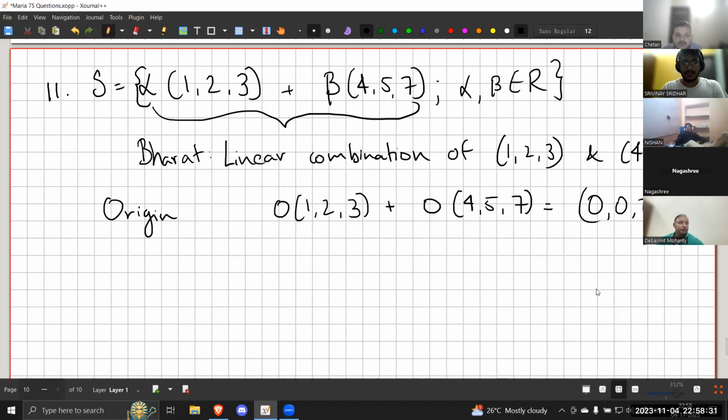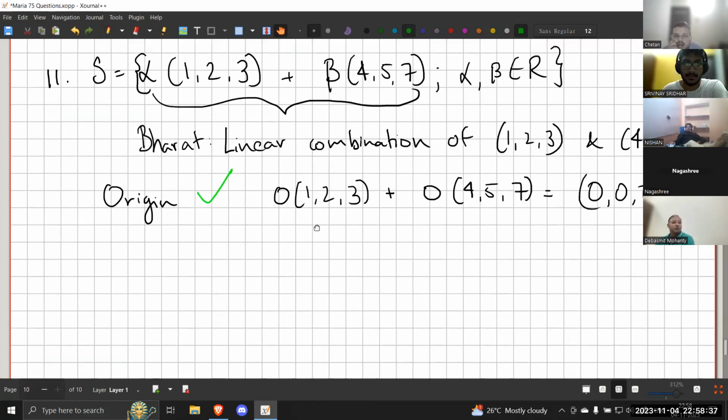Okay. What if I take any two vectors from these and add them? Say I have 2 times (1, 2, 3) plus 1 times (4, 5, 7).